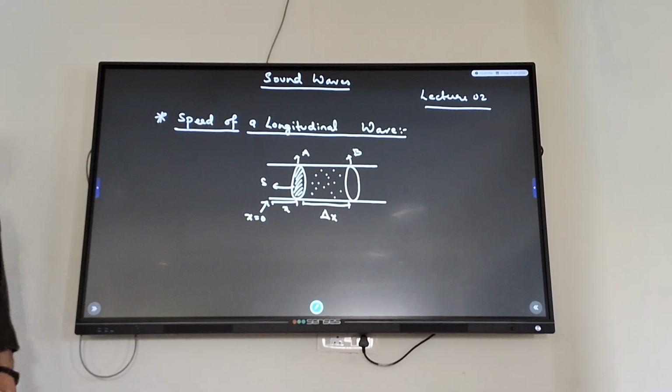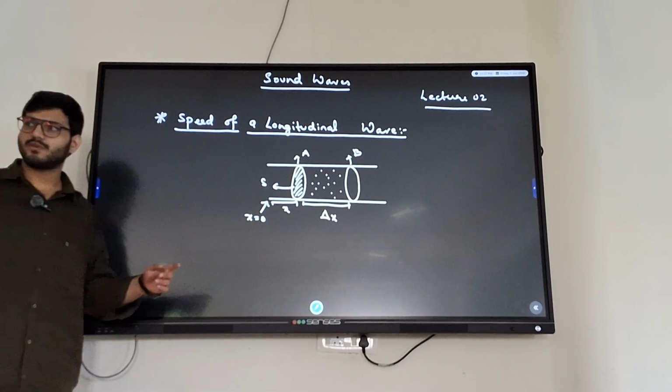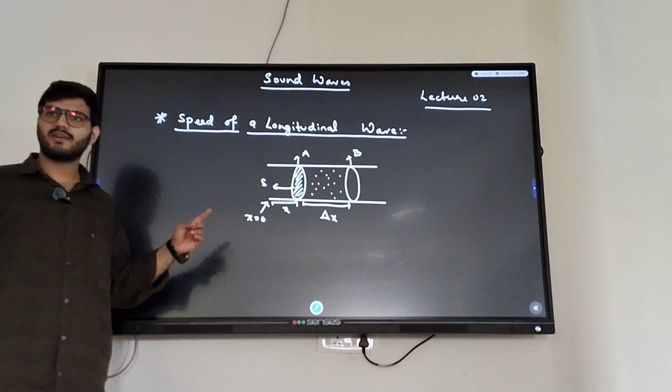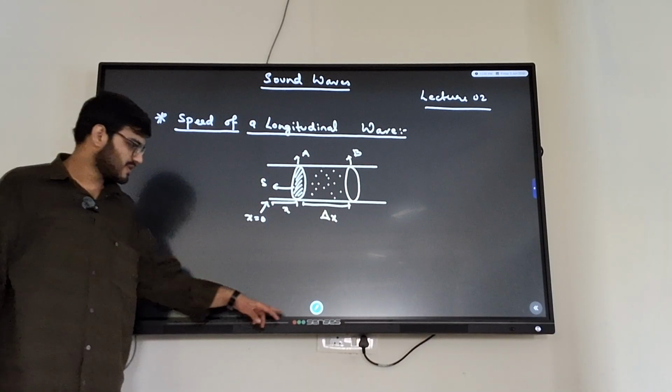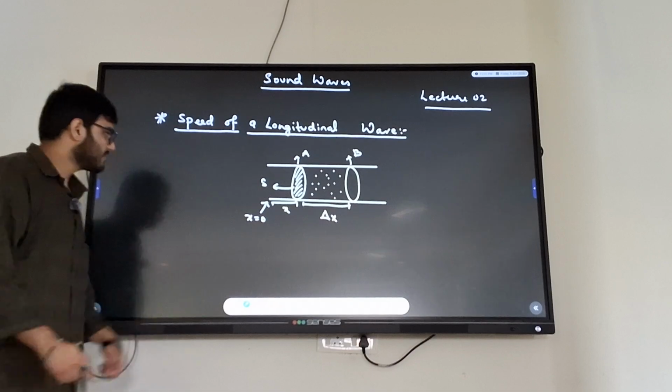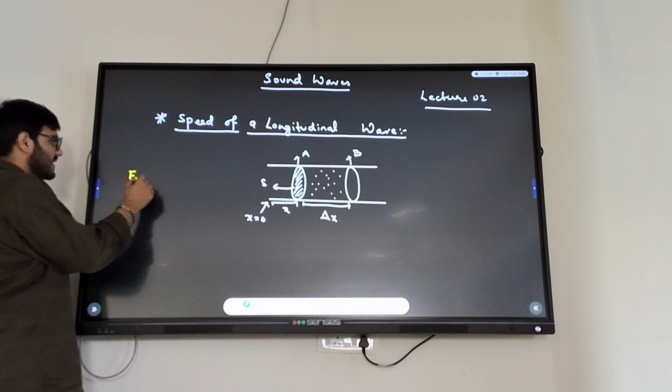For finding the speed of the longitudinal wave, I will try to find it using Newton's second law. And what was Newton's second law? Do you remember? That's F net equal to ma.